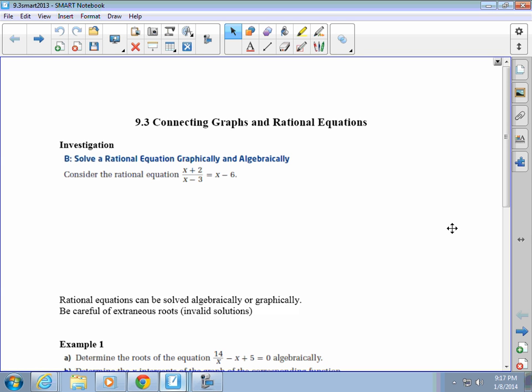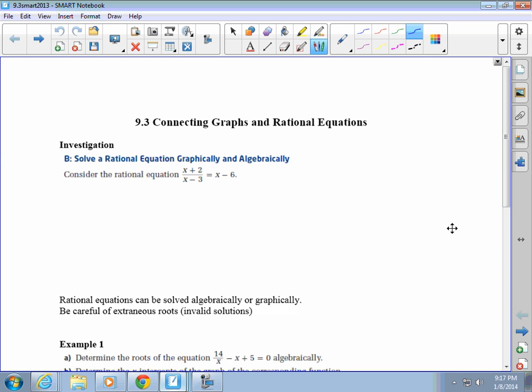So if we look at this rational equation, it says solve it graphically and algebraically. Graphically means you're just going to put it into your graphing calculator. I'm not going to do the example for this one, I'm just going to sketch it for you.